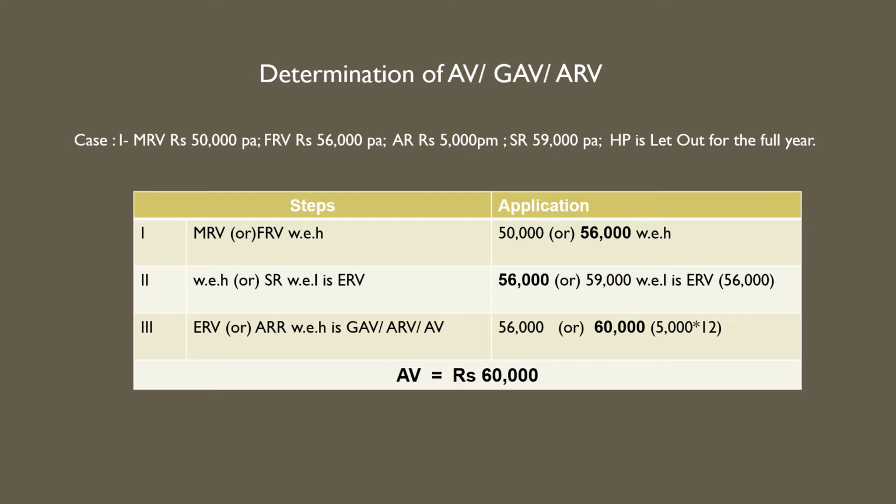This higher amount is compared with the standard rent, which is 59,000. The amount which is lesser, that is 56,000, will be the ERV. Now, the ERV is compared with the ARR, that is the actual rent received. The actual rent is 5,000 per month, which is 60,000 per year. Hence, whichever is higher will be the annual value.